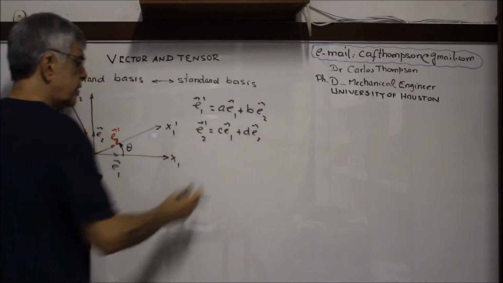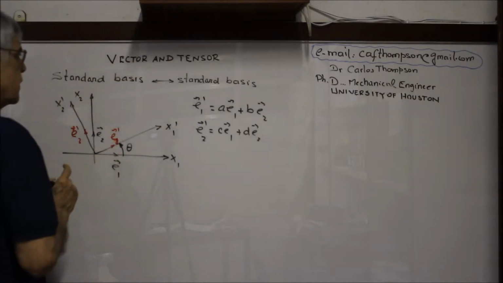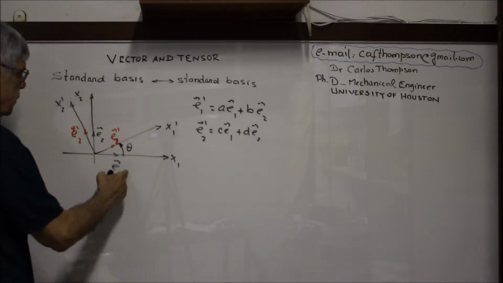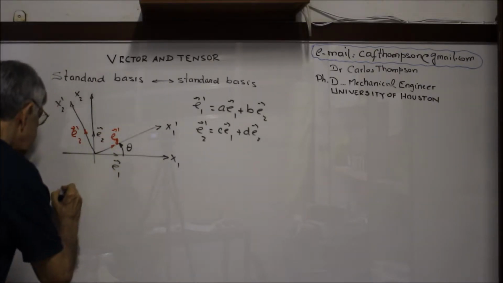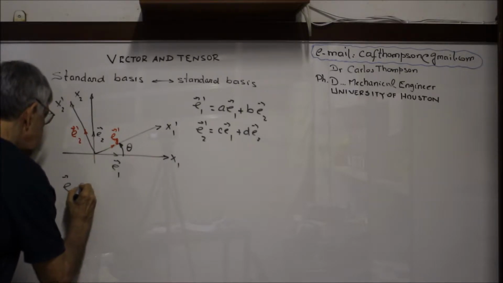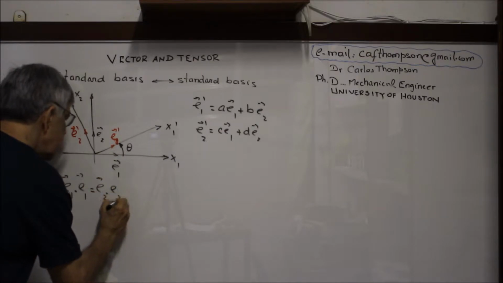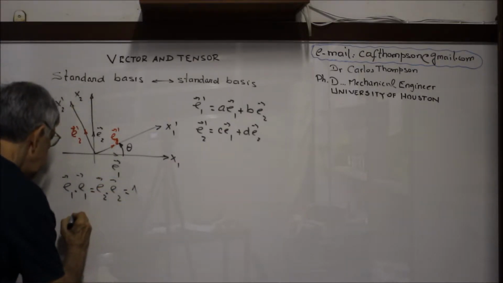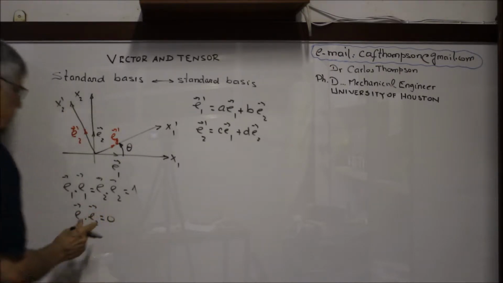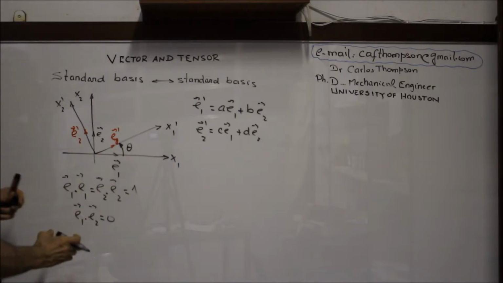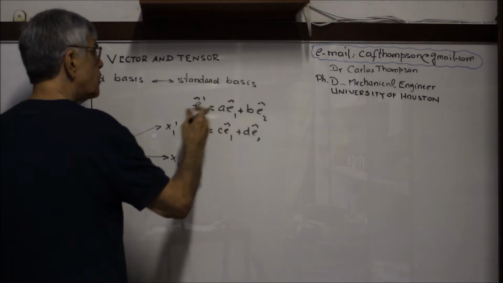A and B, C and D are the unknowns. Now, let's do this. Since E1 dot E1 is equal to E2 dot E2 is equal to 1, and E1 dot E2 is equal to 0, that's the standard basis. Let's multiply both sides here.